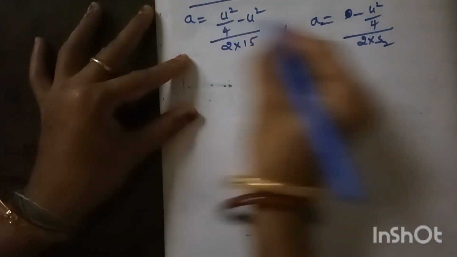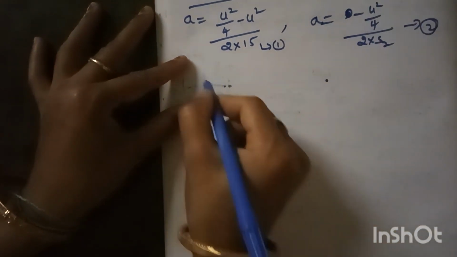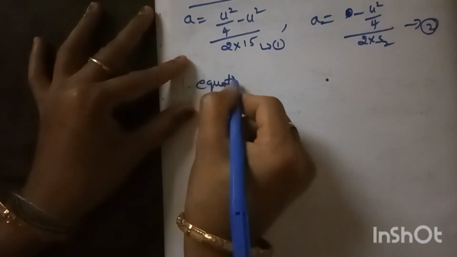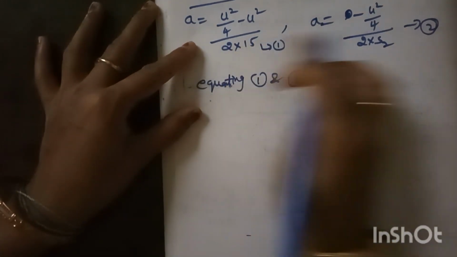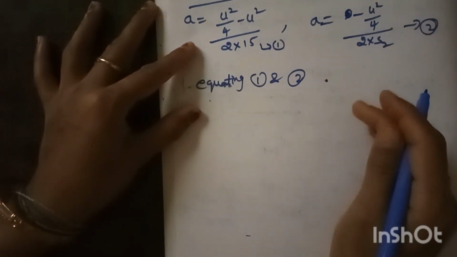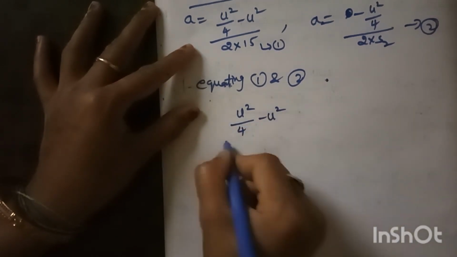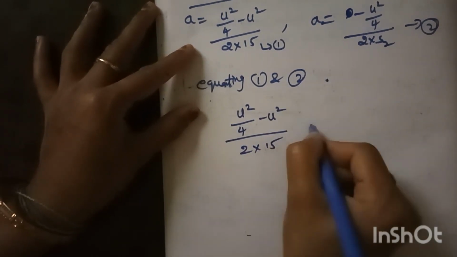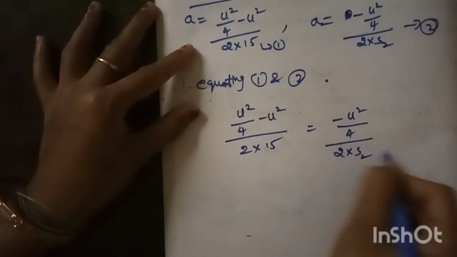So a and a are equal. Equating equation 1 and equation 2, as LHS equal, RHS will become equal. u square by 4 minus u square by 2 into 15 is equal to minus u square by 4 by 2 into s2.